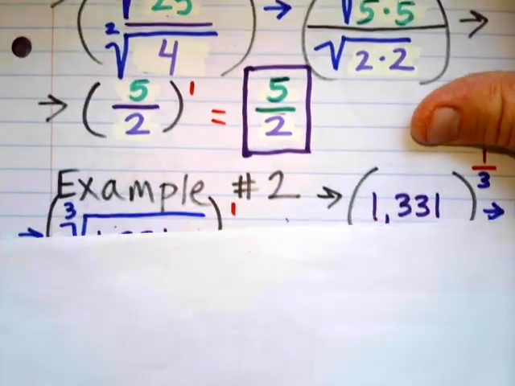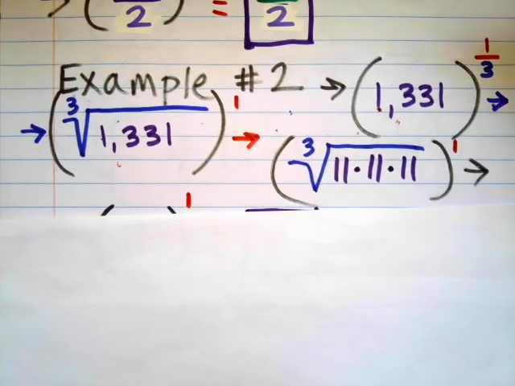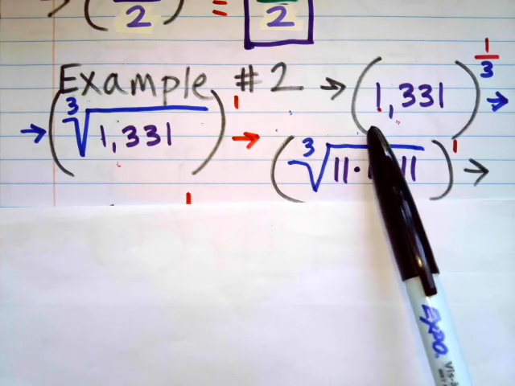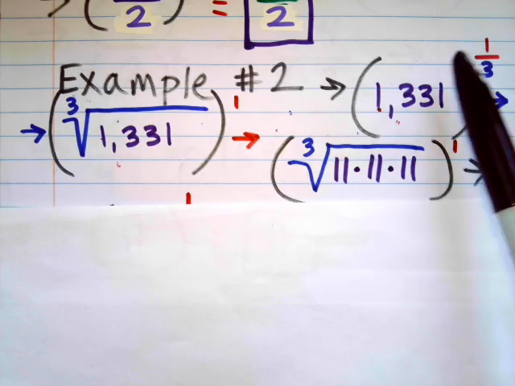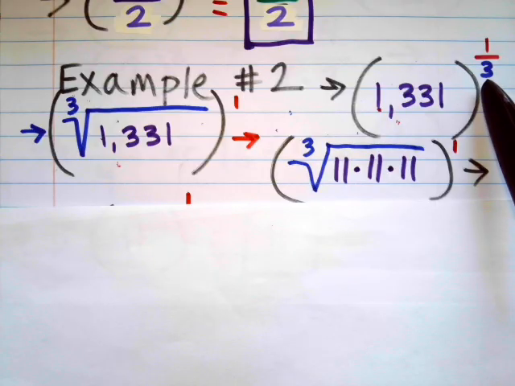Let's take a look at another example here. If I'm going too fast, please stop, rewind, and review the video. So here we have example 2: 1,331 raised to a power of 1/3. Again, the numerator is your power, which is 1 here. The denominator is your root, a cube root.